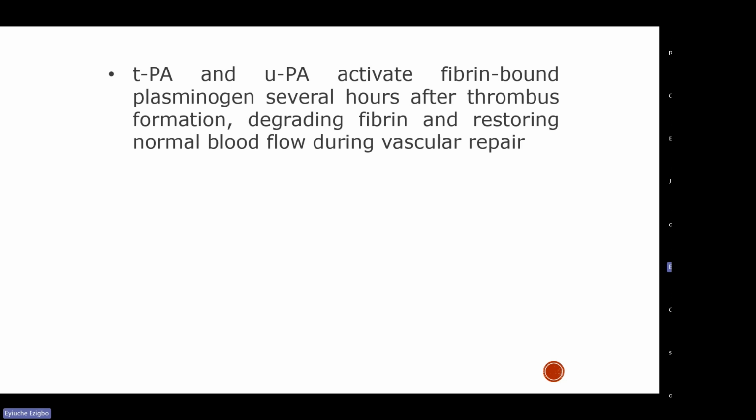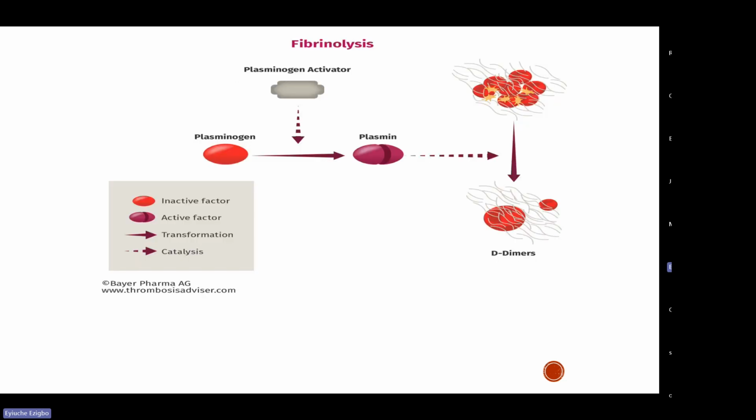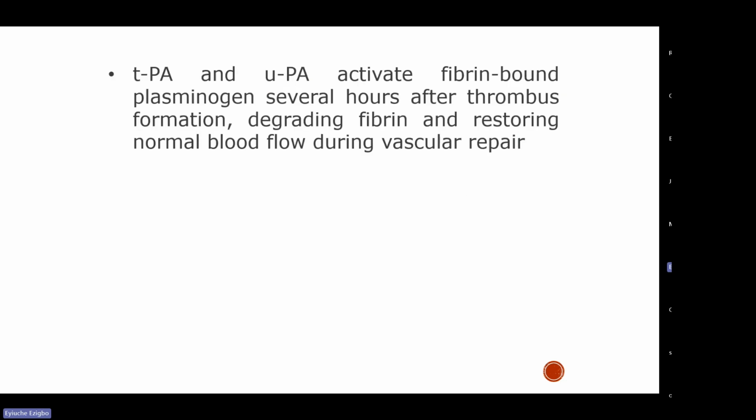Tissue plasminogen activator and urokinase plasminogen activator activate fibrin-bound plasminogen several hours after thrombus formation, degrading fibrin and restoring normal blood flow during vascular repair. This is what you want to know. You should know the significance of fibrinolysis in the process of blood coagulation. That is what is summarized in this slide.